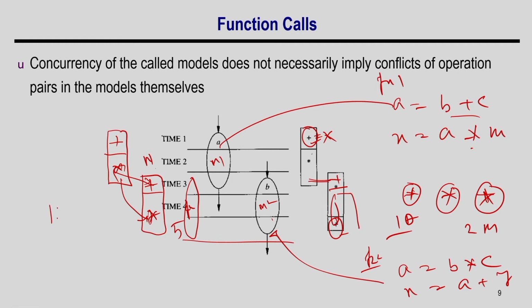So, in this case I need one adder and one multiplier. I can have one copy of the function body and do some sharing by multiplexing the inputs, so that I can execute both the additions for the two calls using one adder and both the multiplications using one multiplier.